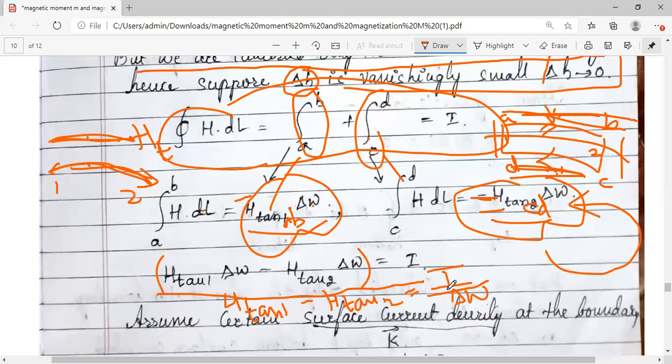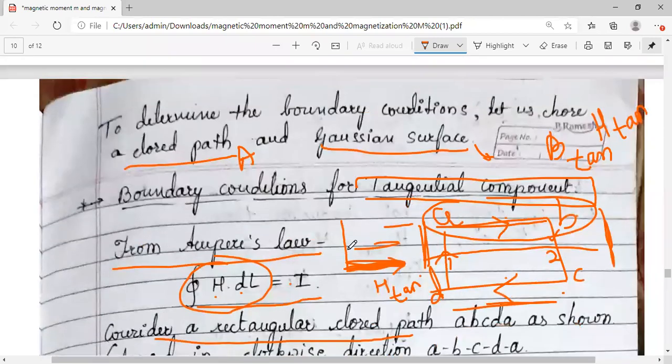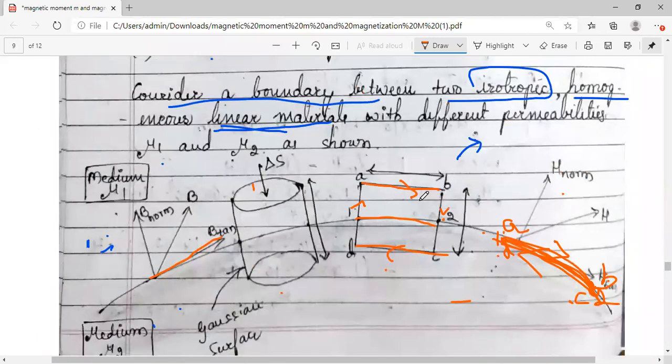Now, what is I by delta W? Generally, you know that I by A, current divided by area, gives you the current density. But here there is no area, because the rectangular loop, we have reduced its size so that it has shrunk, and the AB line has come and sat on this boundary 1, 2, and CD is also slowly moving and has come on this boundary.